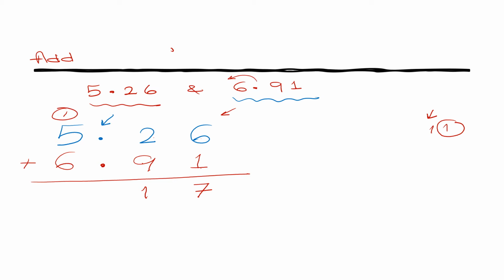Now under the decimal, you put the decimal. Now add all these three: 1 plus 5 is 6, and 6 plus 6 is 12. So write down 12 here. This is the way we add two numbers which contain decimals.